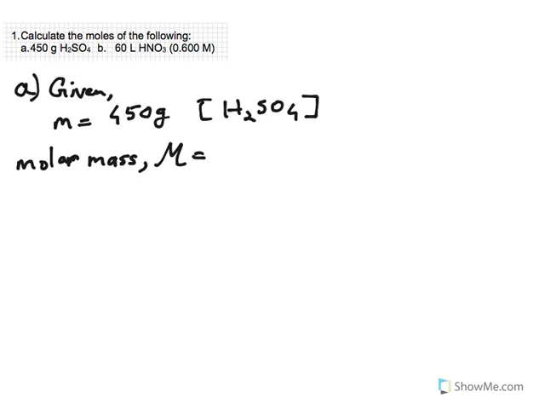from the periodic table for hydrogen, we have 1.008 grams per mole. We times it by 2 because there are 2 of them. Plus, sulfur has 32.065 molar mass.